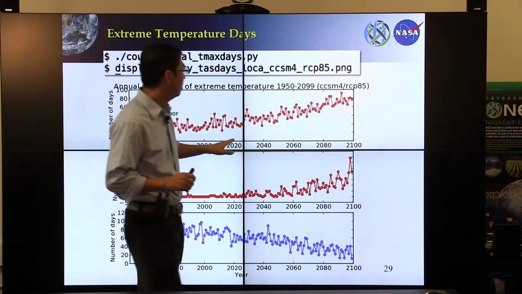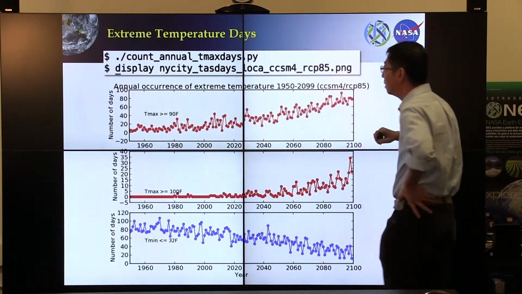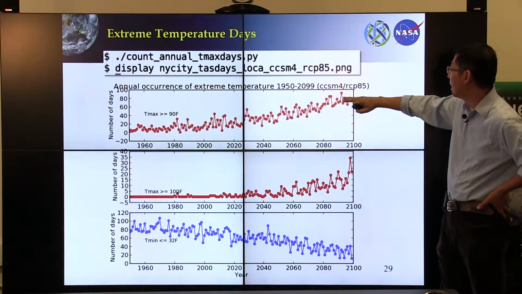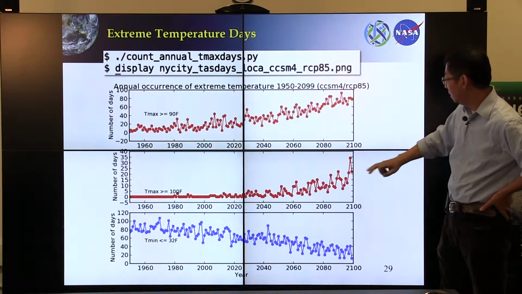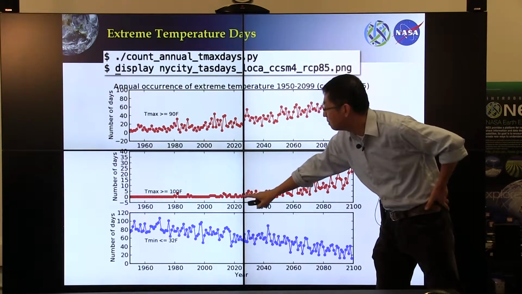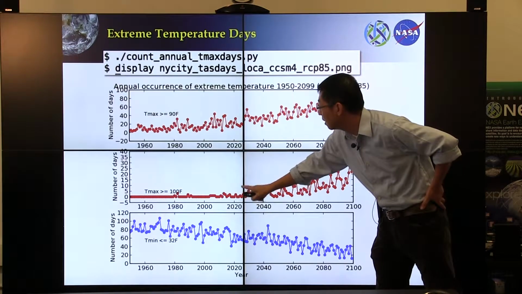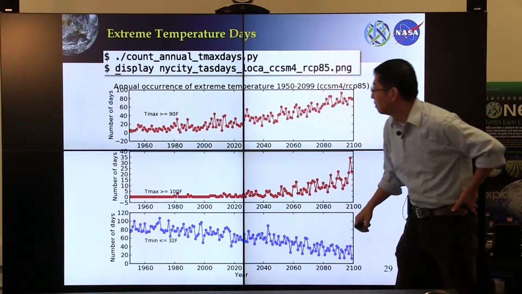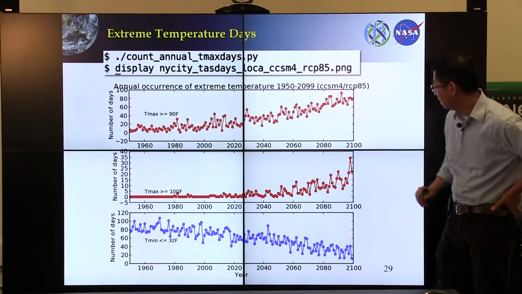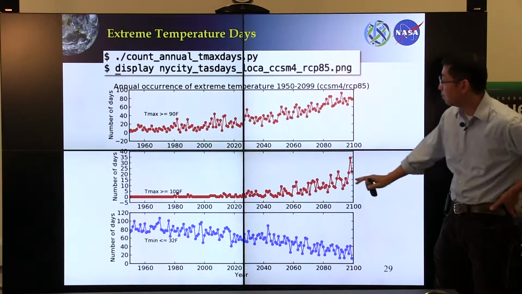But by the end of this century, by this model at least, we're going to have about 80 days above 90 degrees. For now, we rarely have days of temperature above 100 degrees in New York City, but by the end of the century, we're going to have about 20 days.